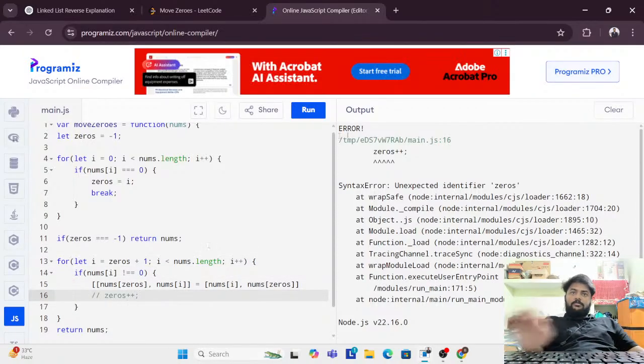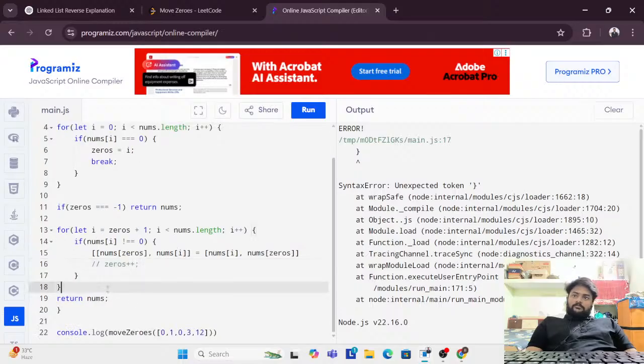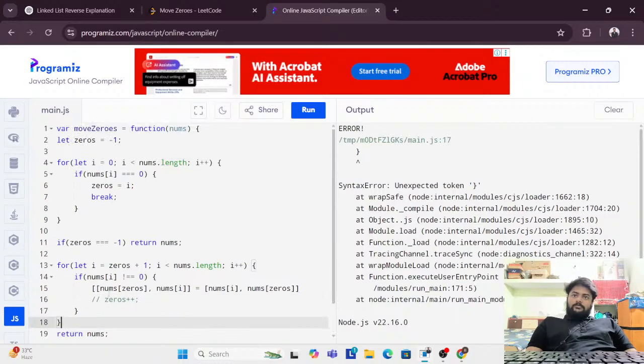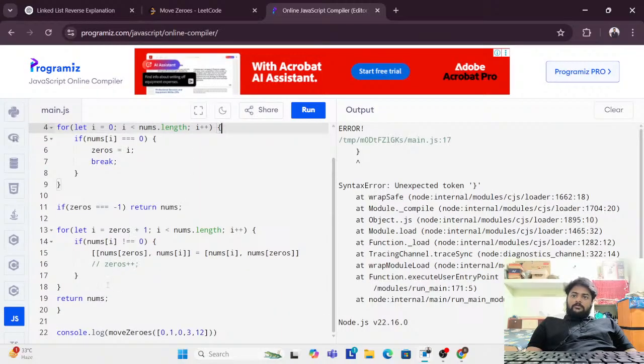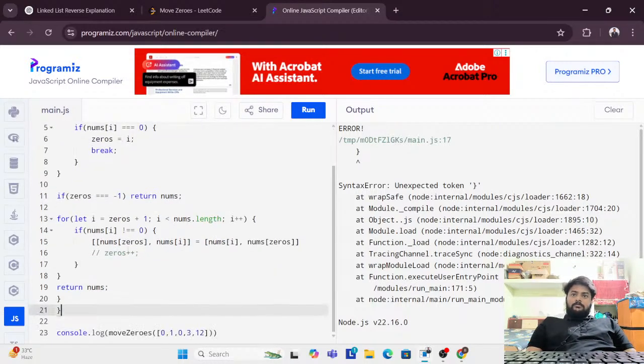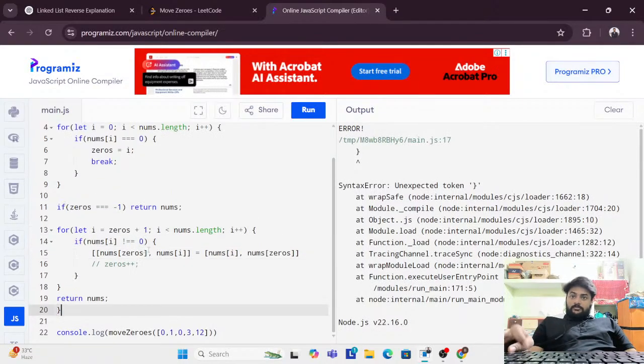Yeah, oh, this would be the way. What kind of error is this?